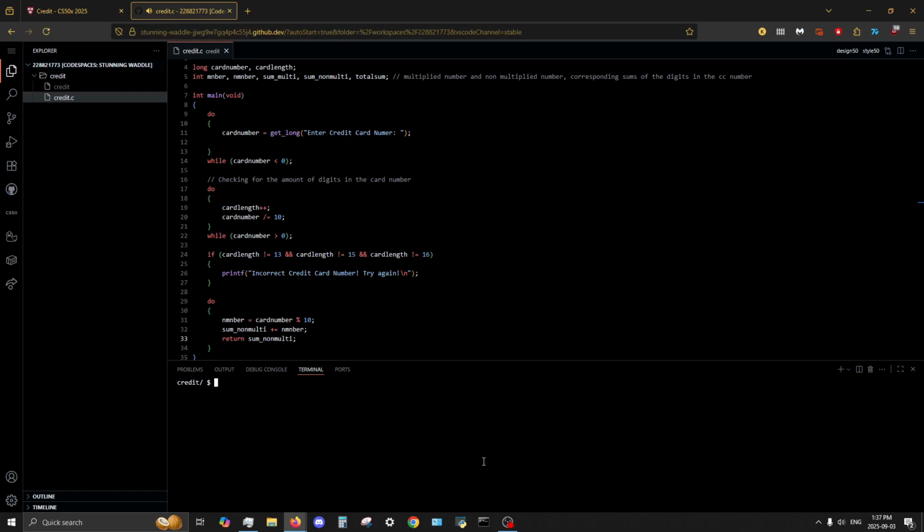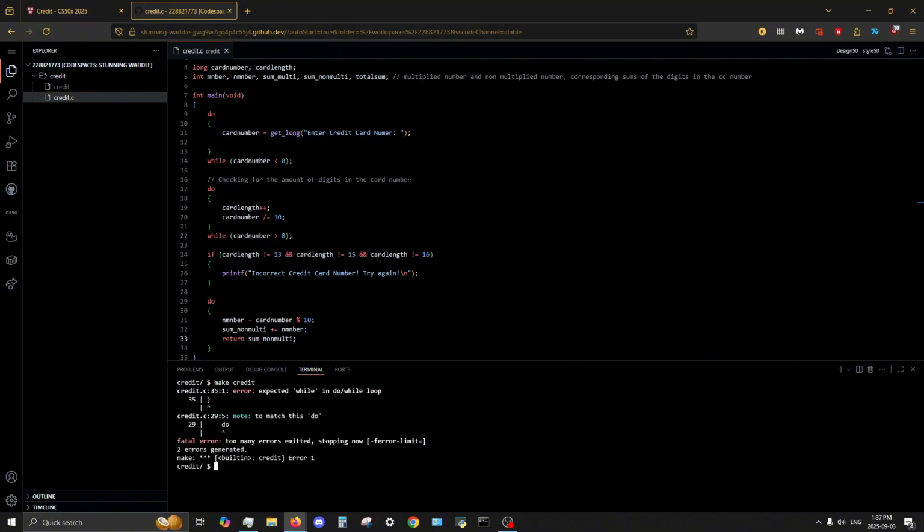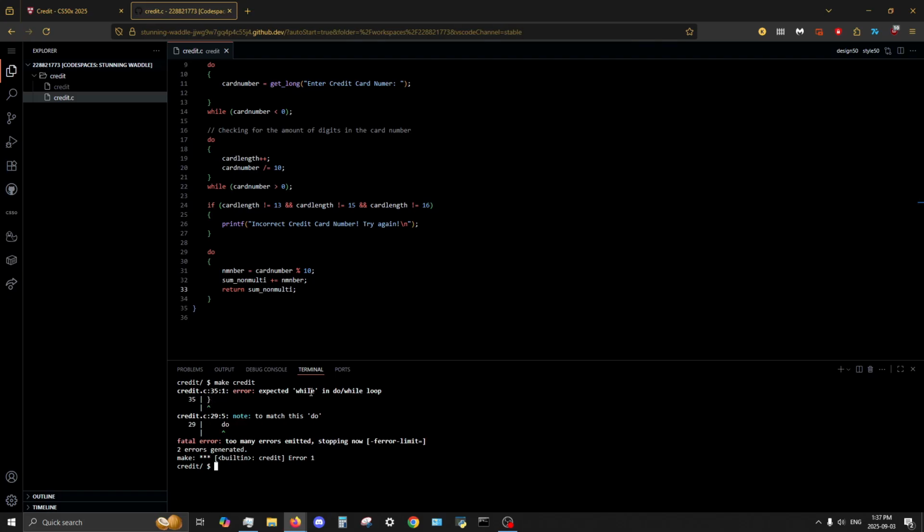Clear. Make credit, let's see. Expected what? Oh, I did a do and no while, so I need to do this while card number is greater than 0. As long as I have a card number, I keep doing that.